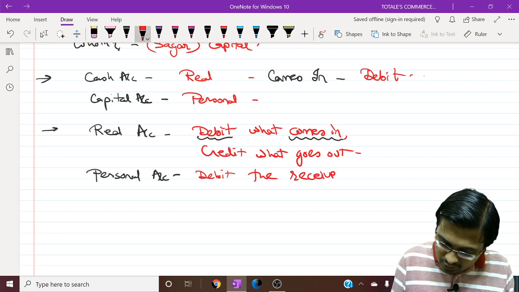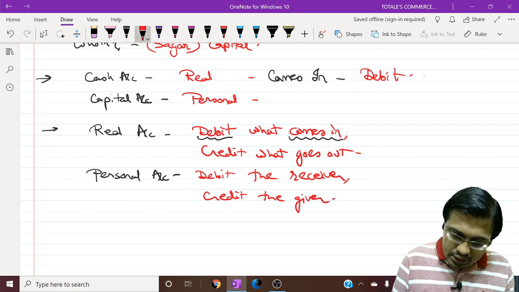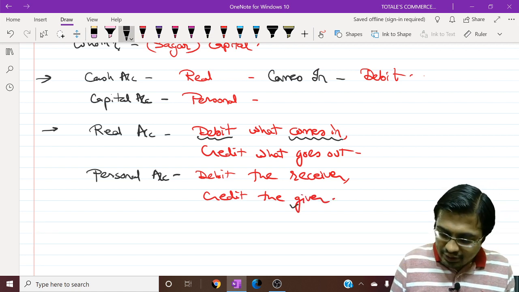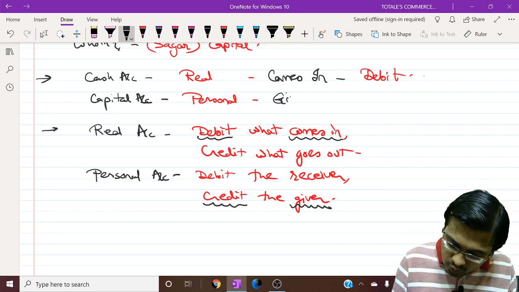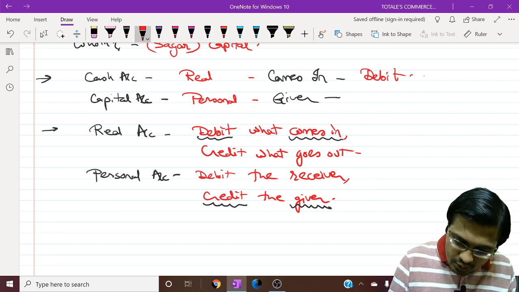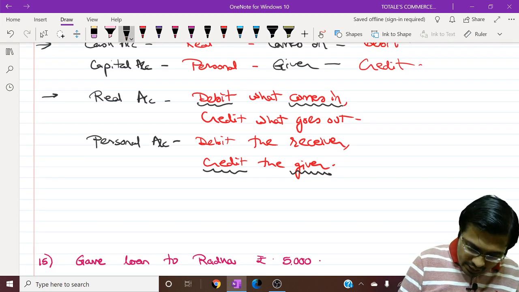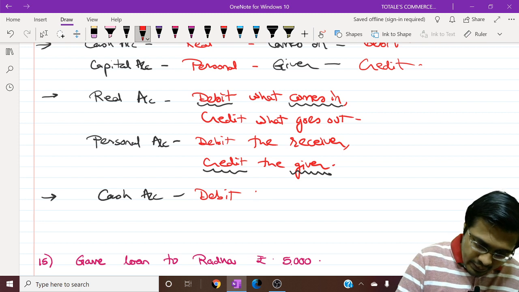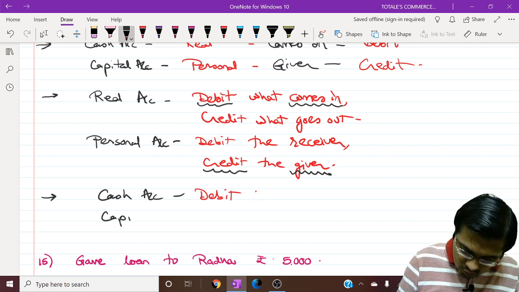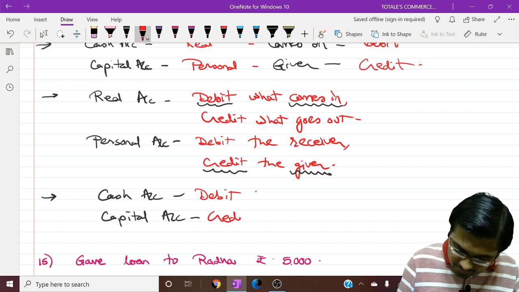The owner is paying the money into the business, so the owner becomes the giver. He is investing in the business. So as per the rules, credit the giver. So here, my friends, we get our answer. Cash account is debited and capital account is credited.